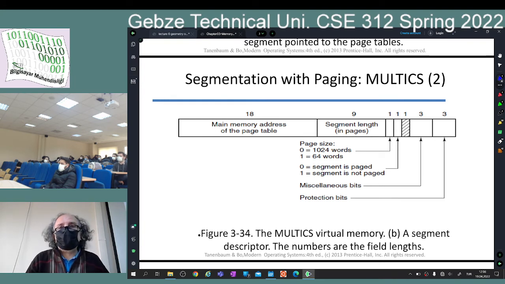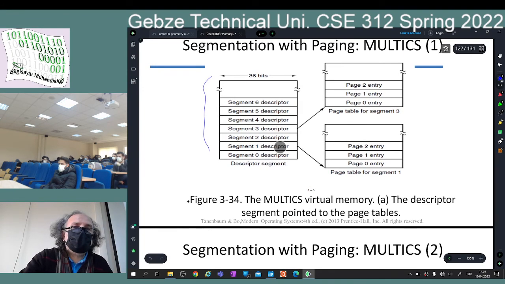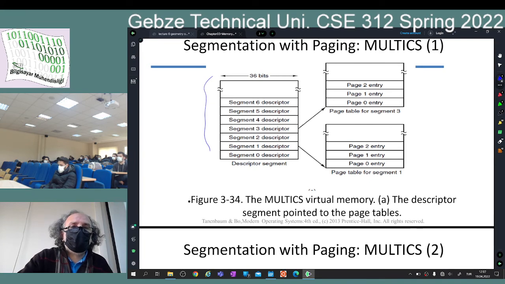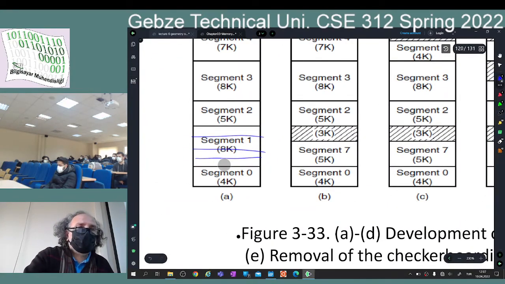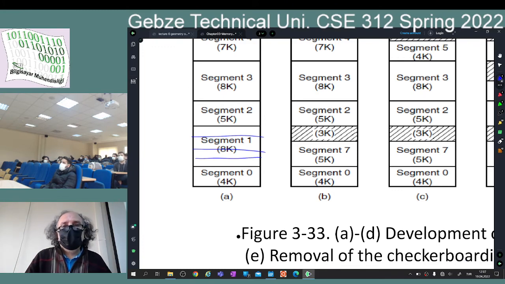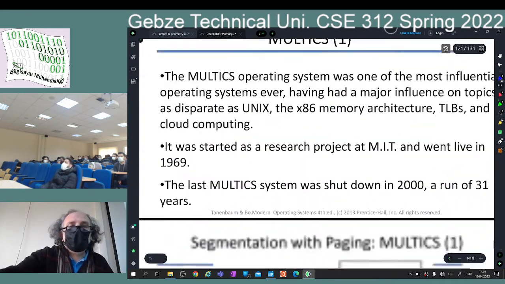So this is segmentation with paging. It says that for this segment, I am going to page it, and its page table is at this address. So each segment here is paged. Previously, with pure paging, we paged the whole memory. This one is segmenting, and then paging each segment.